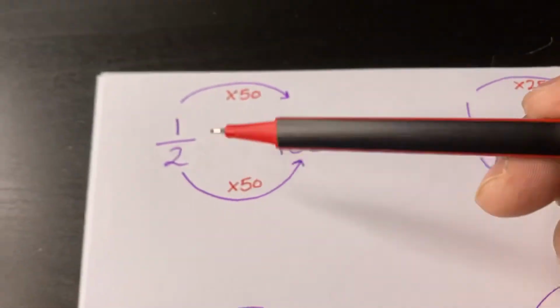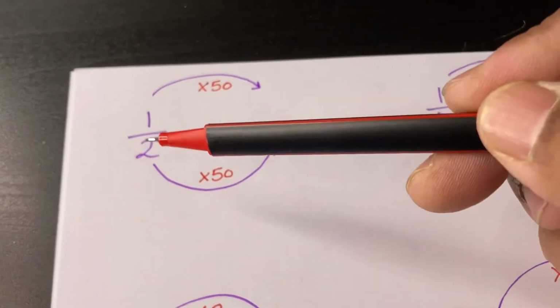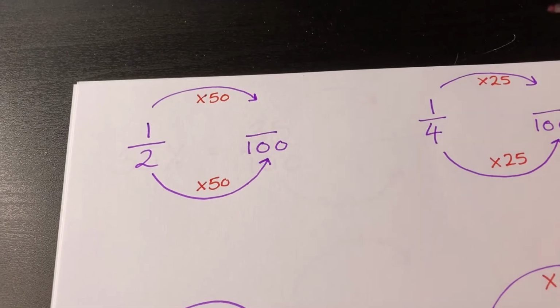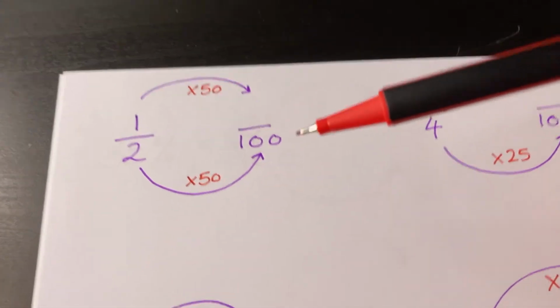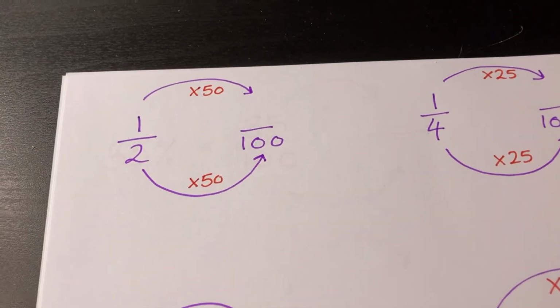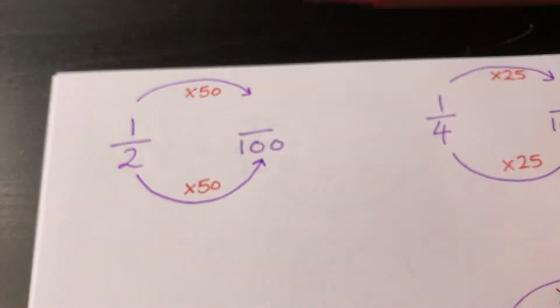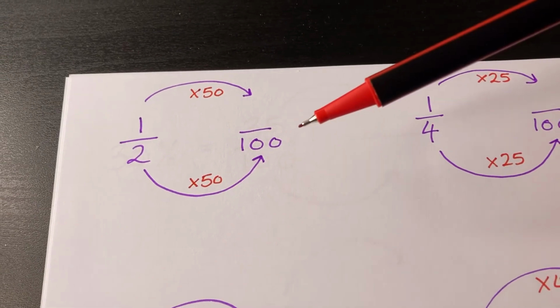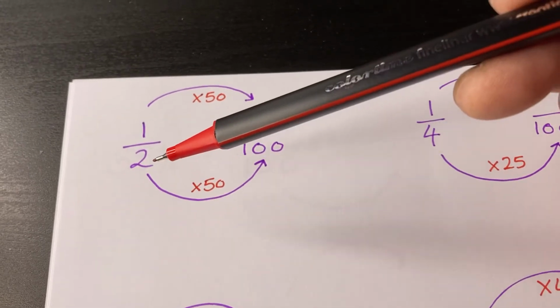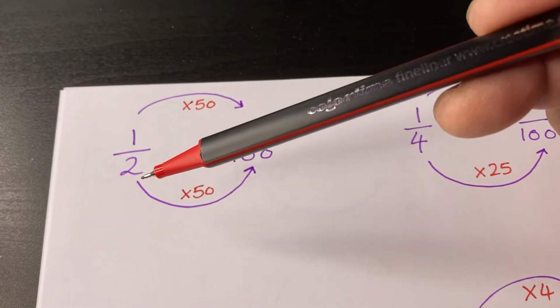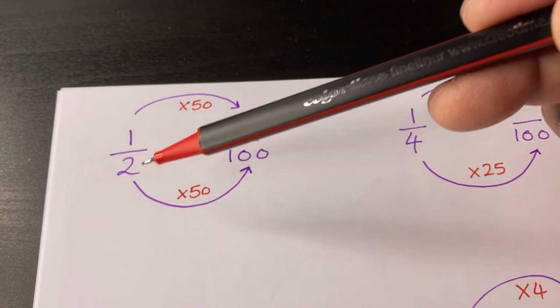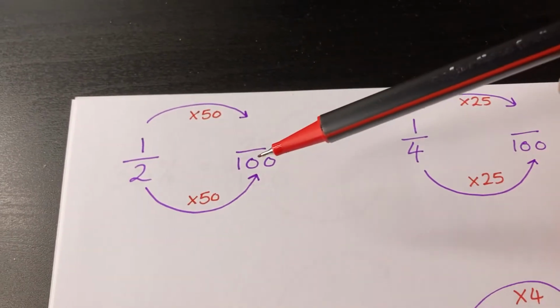So we've got a half, 1/2, and we want to turn a half into a percentage. So we know that percentage is out of 100. So the first thing we need to do is turn a half into out of 100. So what have I done to the 2, which is the denominator here, to turn it into out of 100?